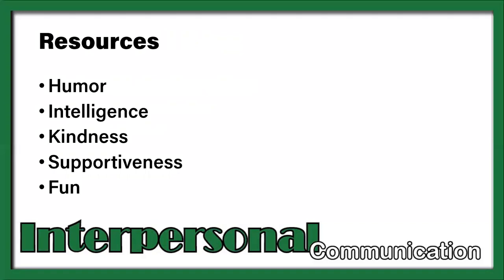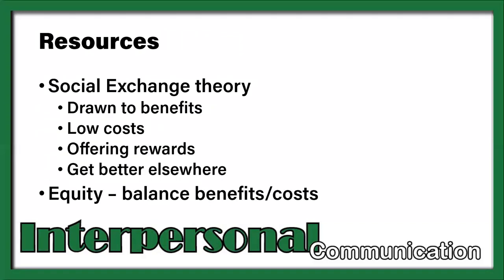Then, this relates to what they call social exchange theory. This looks at whether we believe the other person has benefits for us. We're drawn to benefits and we don't want to put out a lot of costs. So how valuable is that person based on their resources? Are they going to offer better rewards, or can they get a better offer someplace else?